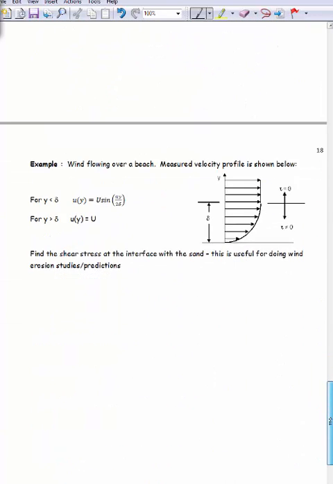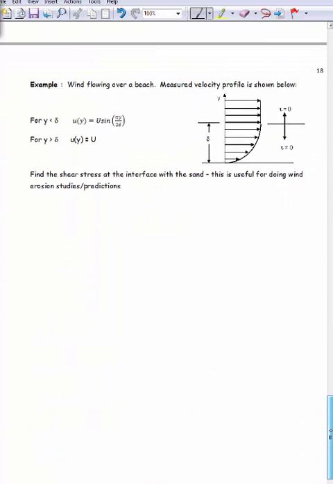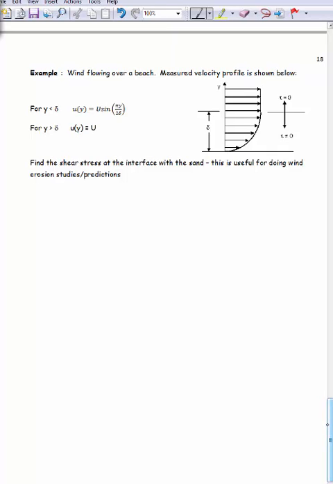So let's do a little example. This time we're not going to find force, we're just going to find the shear stress at the interface of the sand. This is wind flowing over a beach, and we're given the velocity profile. Close to the beach, we have u equals big U times sine of pi y over 2 delta. That is our equation for u.